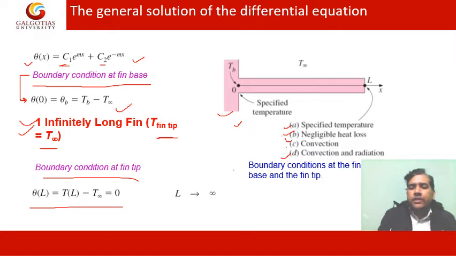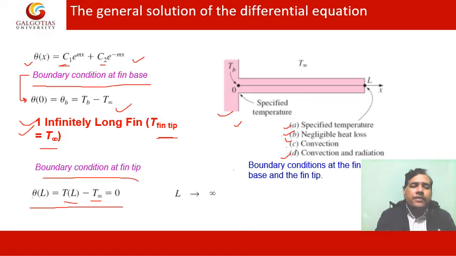Boundary condition at the tip will be equal to this, where theta is T minus T infinity. So theta at L can be written as TL minus T infinity: temperature at the tip minus ambient temperature.